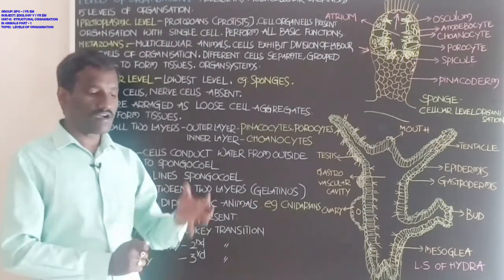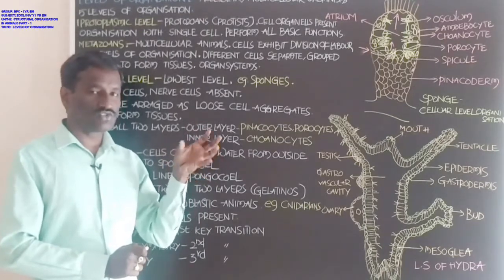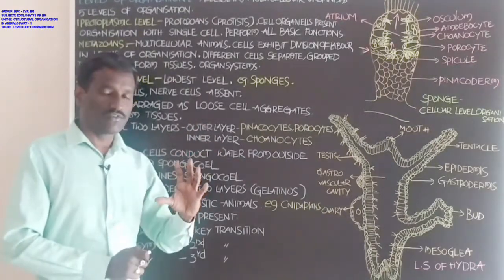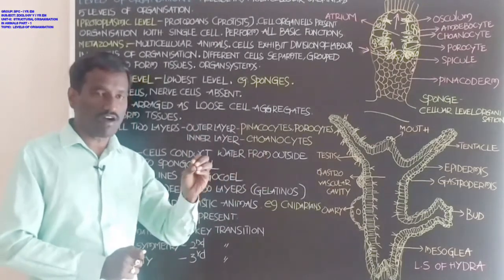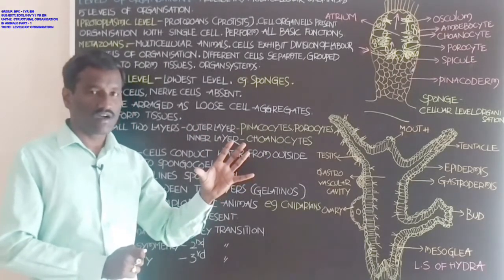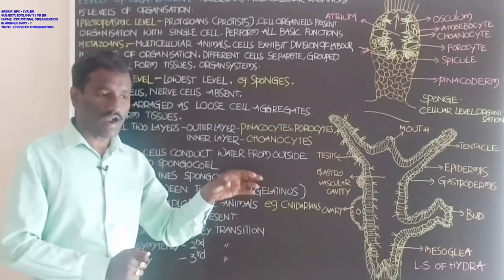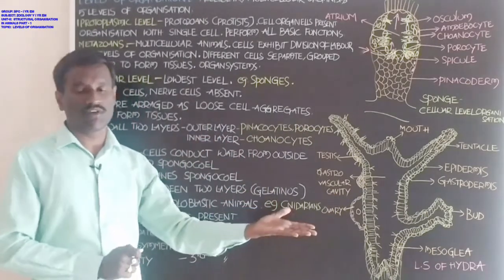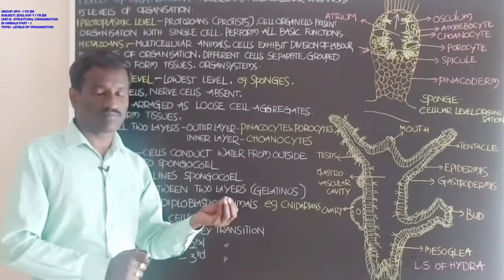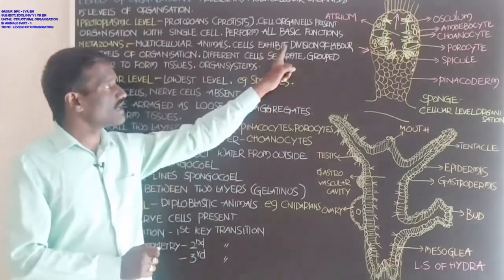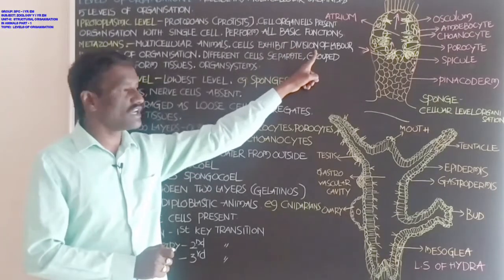In multicellular animals, some cells are grouped together, arranged together, and perform the same type of function in the body. That is called cells exhibiting division of labor.